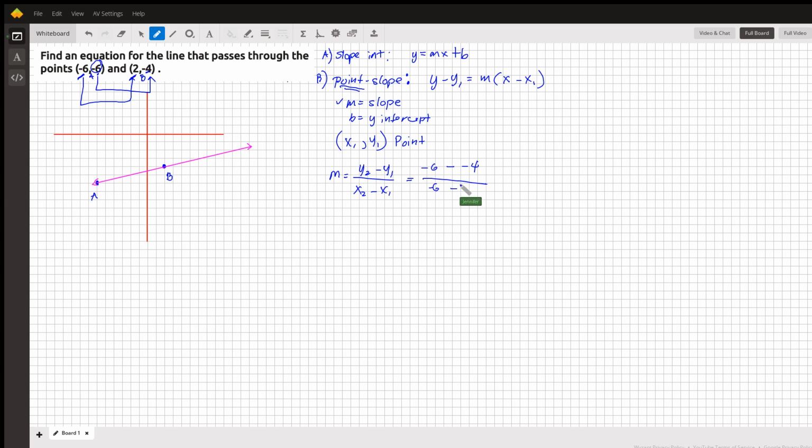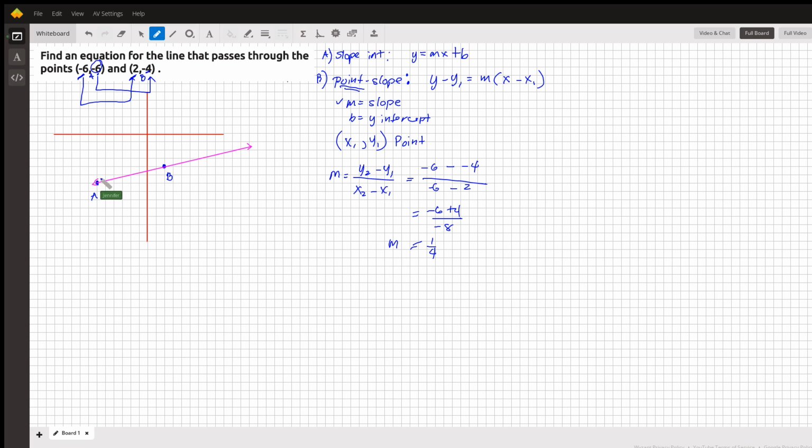minus 2. Simplifying this, you have negative 6 plus 4 over negative 8, which equals negative 2 over negative 8. So that's going to be 1/4. That means your slope is 1/4.